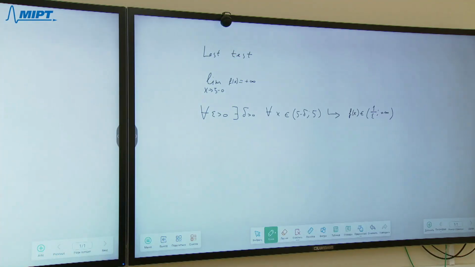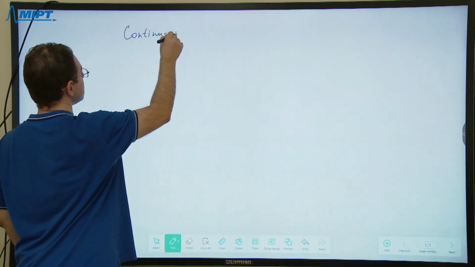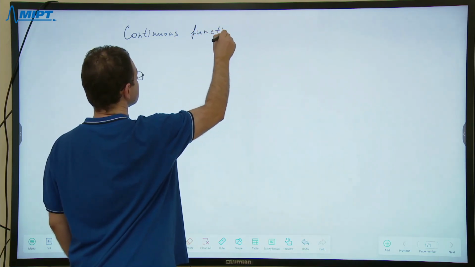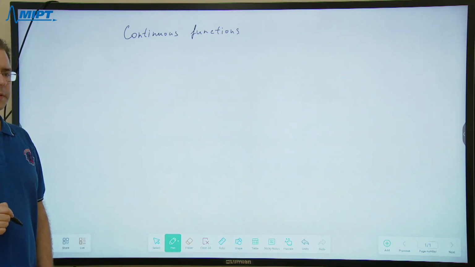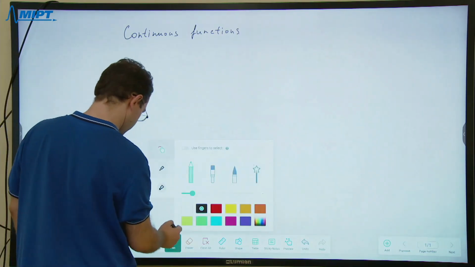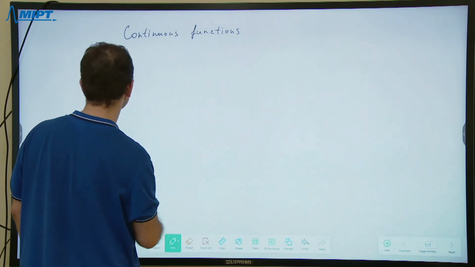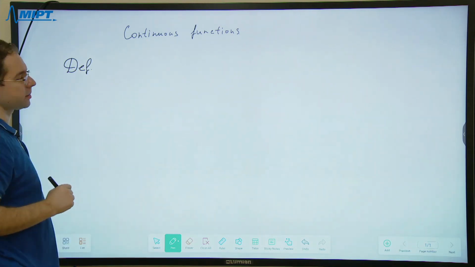Today's topic is continuous functions. Definition.